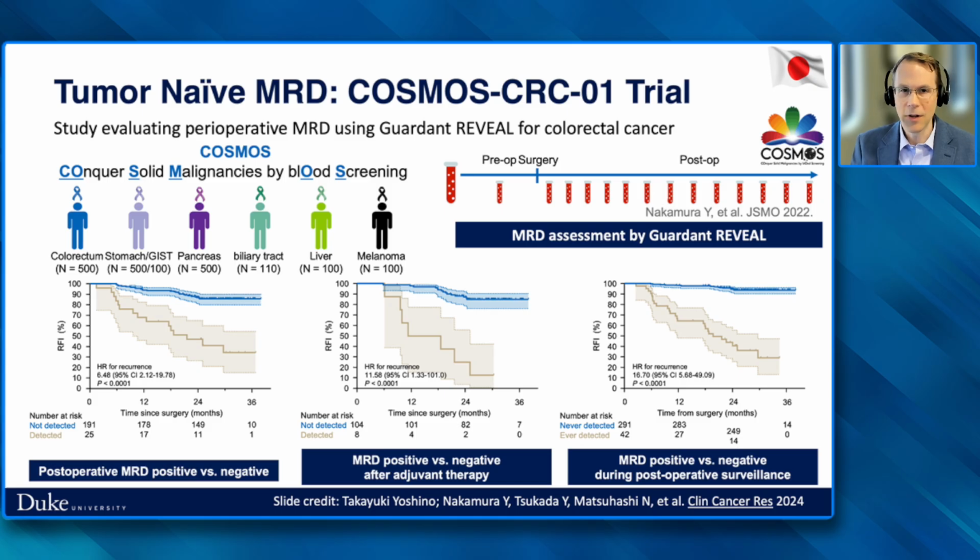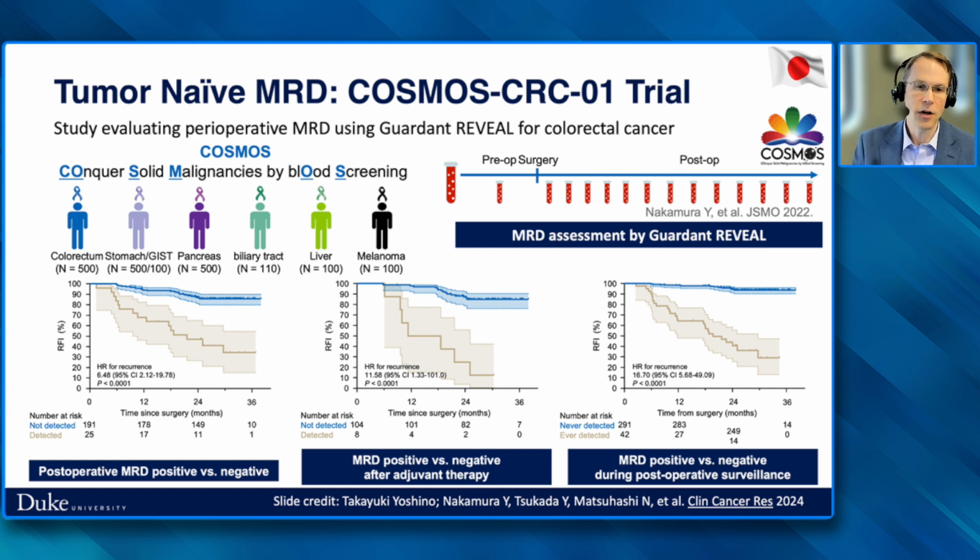So we have limited validation for these tumor-naive MRD tests. This is one of the most extensive validations we've seen to date. This comes from a group in Japan that's done extensive work in this MRD space. Here they looked at the performance of one commercially available blood-only test, where they evaluated the performance of the test in 500 patients with colorectal cancer.